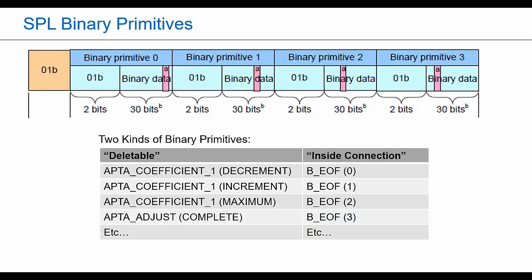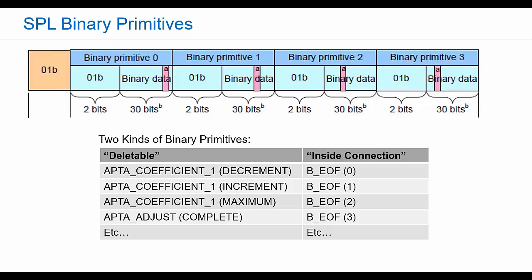Okay, starting with binary primitives. Again, this is a specific set of primitives, new in SAS 4. I'm showing just a few of them here, but they fall into 2 groups. The deletable, like the APTA adjust. These are just like other deletable primitives. They don't have to go end to end. Their role is point to point.